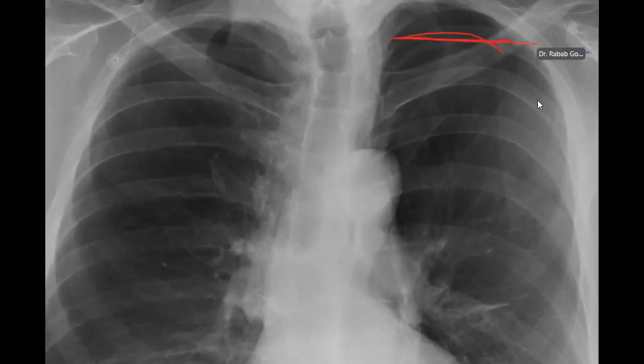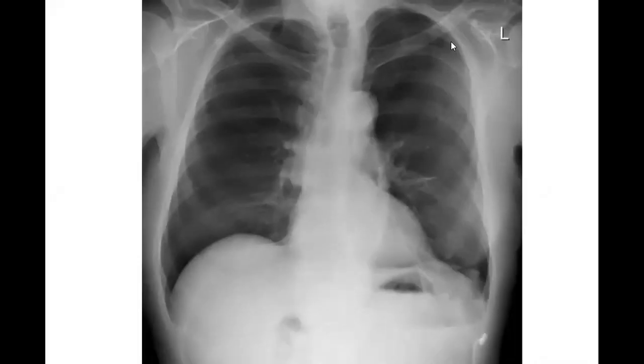You can see clearly the pleural line going here and here and here. It's important to differentiate between pneumothorax and something called the axillary fold, or any fold in the skin. Here you cannot see any lung markings after this line. So this is a typical pneumothorax.